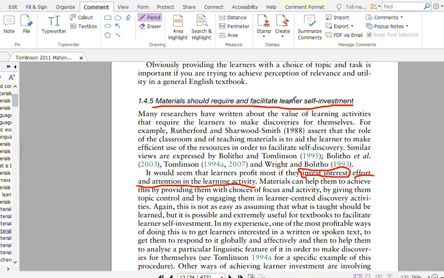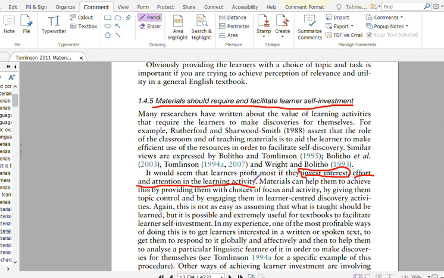Materials should require and facilitate learners' self-investment. Self-investment means that students should invest themselves in the activity of learning. They should invest their attention, their motivation, their efforts. Learners profit most if they invest their interest, being motivated, their effort, being hardworking, and their attention, being attentive in the learning activity.